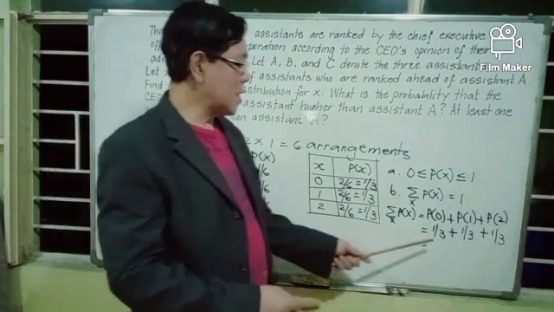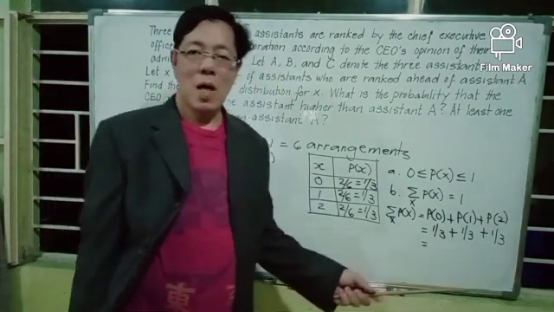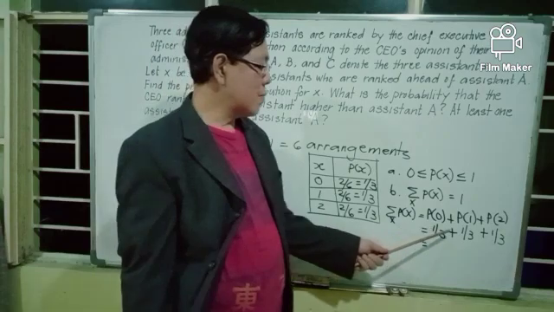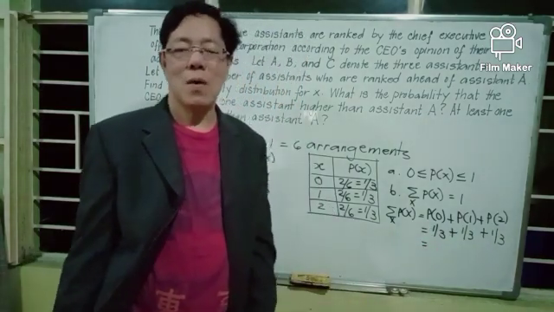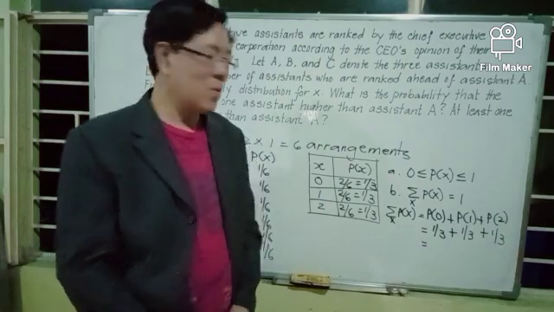And the common denominator is 3. So we add the numerator, 1 plus 1 plus 1 is 3 over 3. And 3 over 3 is 1.